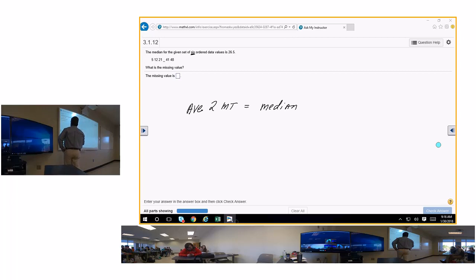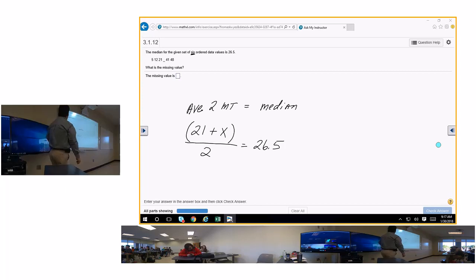So that means the two middle numbers, 21 plus x divided by 2, is equal to what? 26.5. That's right, class. Now what?